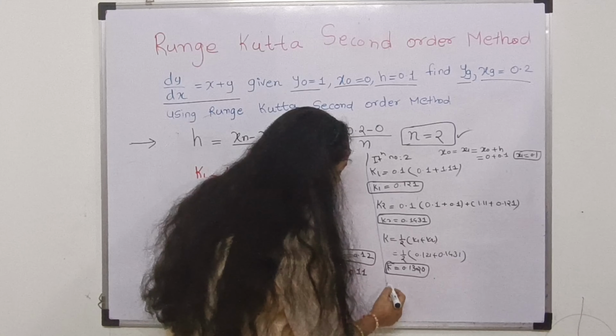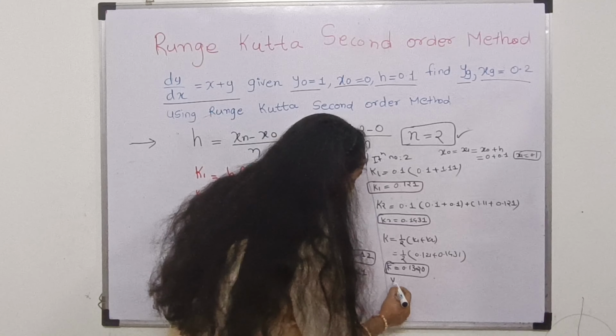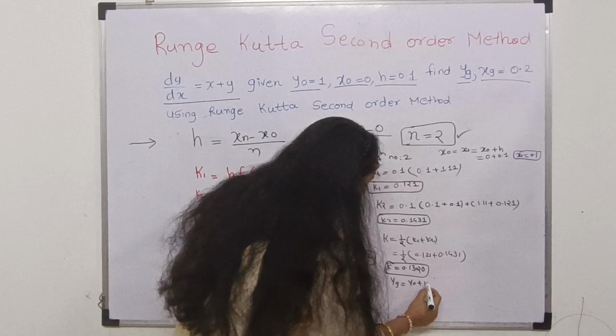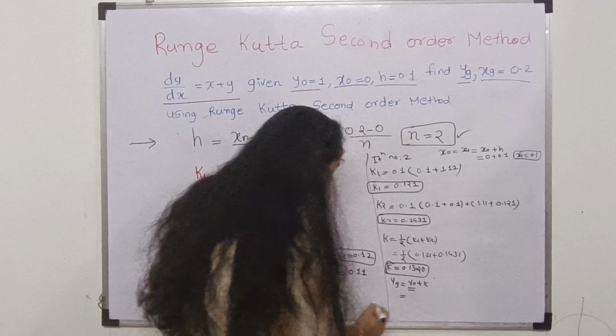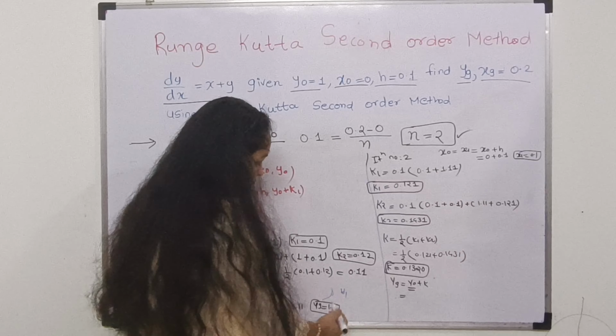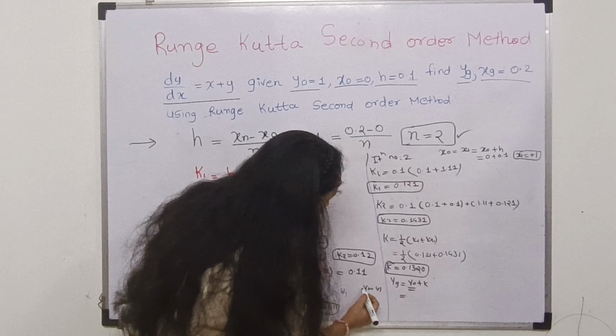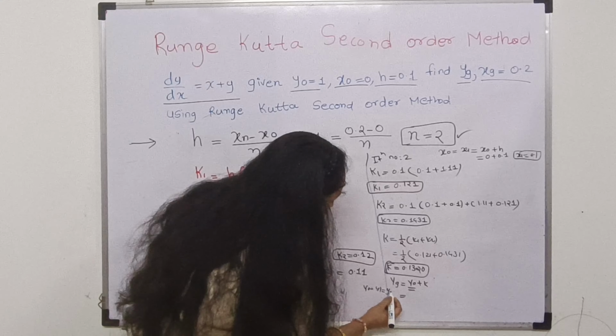Right? Now just go for the calculation of yj. So it becomes y0 plus K. So now what is the value of y0? Consider that y0 is equal to y1, which is again equal to yj.